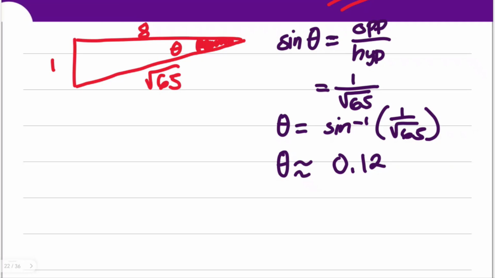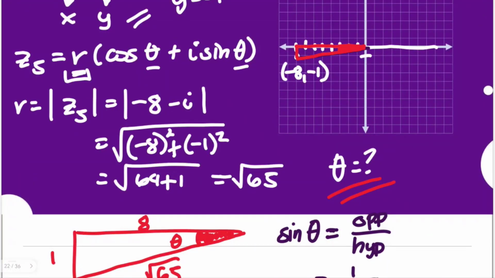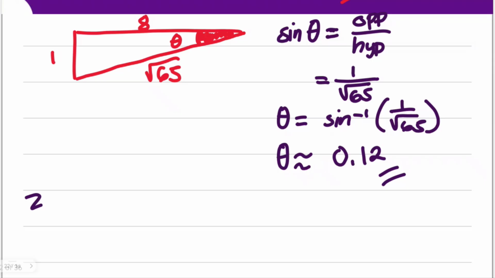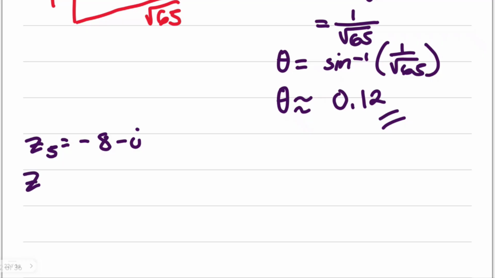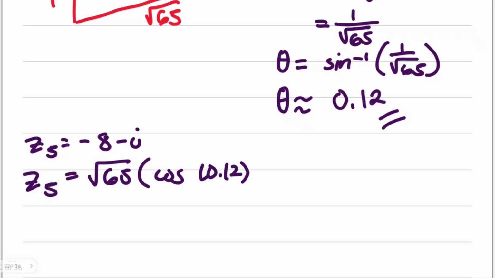So why not use radian measurement here, which is very important as we move to the next form of complex numbers as well. Now with this as our theta and our r already identified earlier as square root of 65, our z sub 5, which is -8 minus i, has the equivalent polar form r, which is square root of 65, times cosine of theta in radian measurement, 0.12, plus i sine of 0.12.